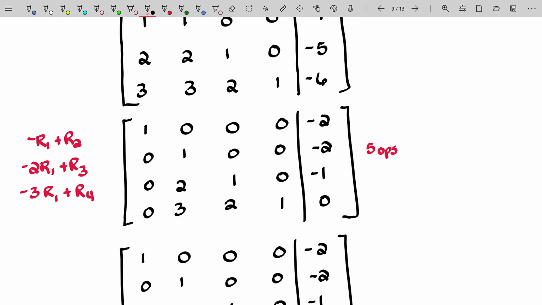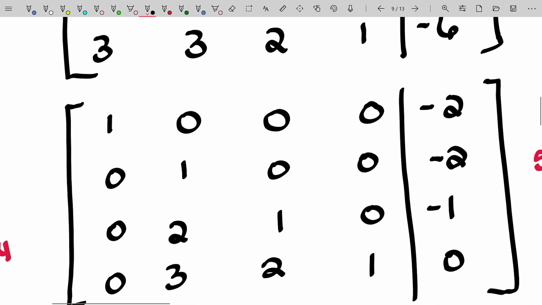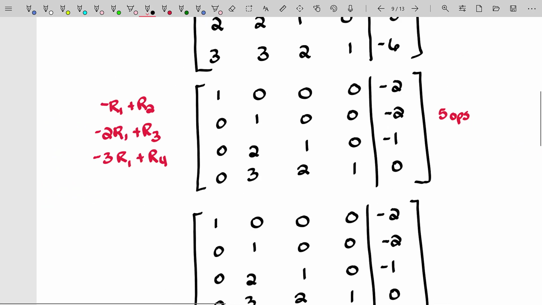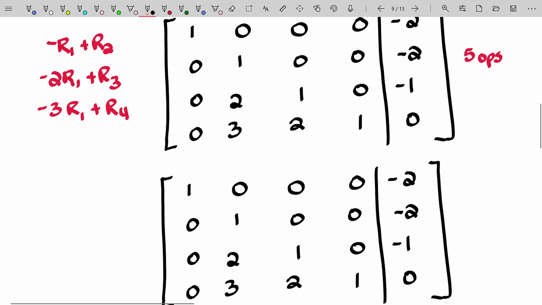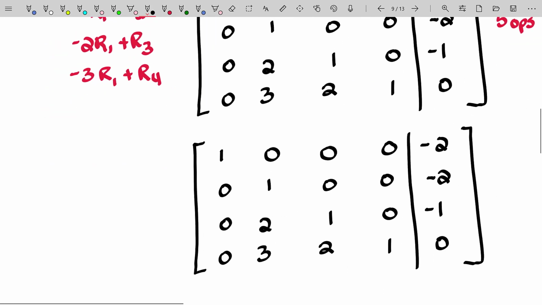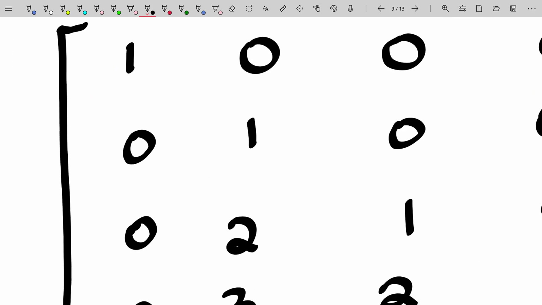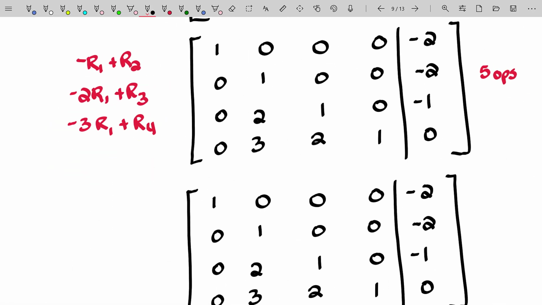It really does help that all of our elements in the row after our 1 are zeros except for in the augmentation column. So you could imagine, okay, so the next step, I'm going to take this entry right here and use it to kill everything below, but there's actually no other math involved.